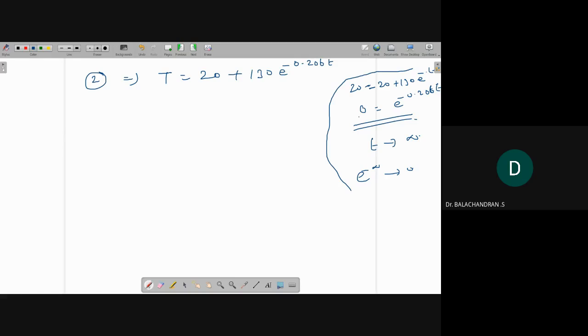So at what time is T equal to 20? This exponential should be 0, and it approaches 0 only if t approaches infinity.